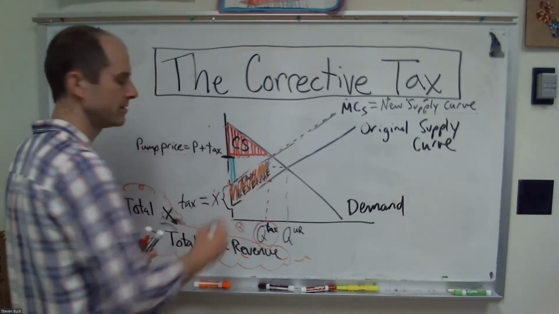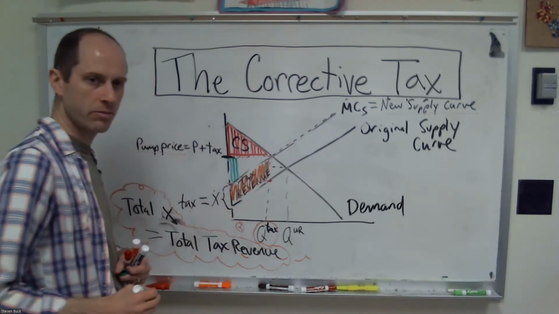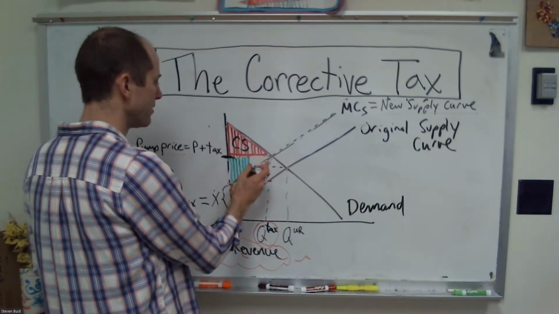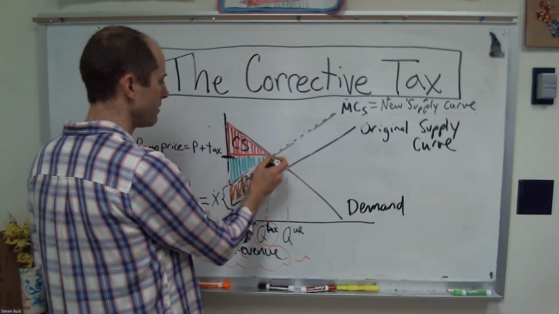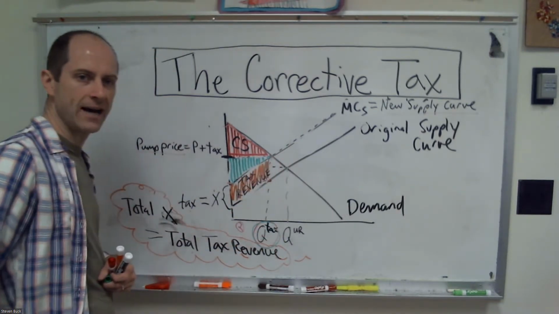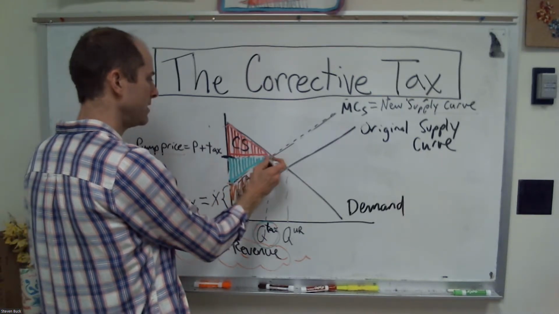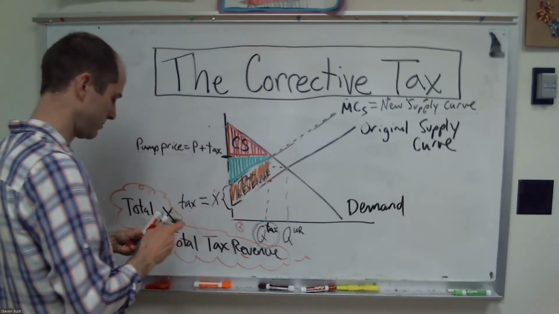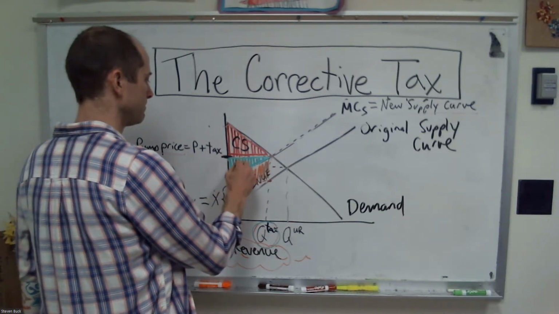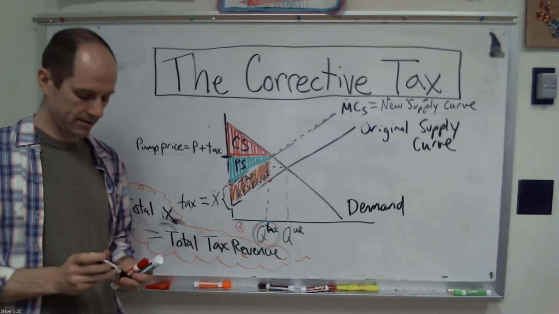The second unit is there. The third unit of producer surplus is there, so on and so forth, out to Q tax. This is the producer surplus under the corrective tax.